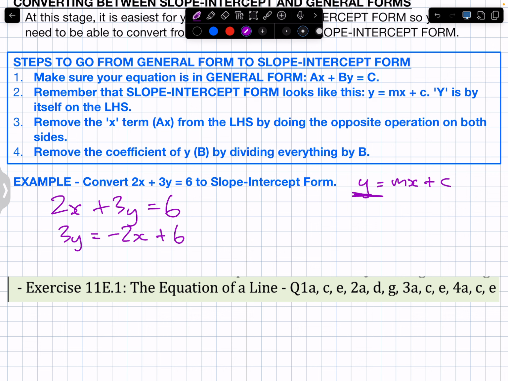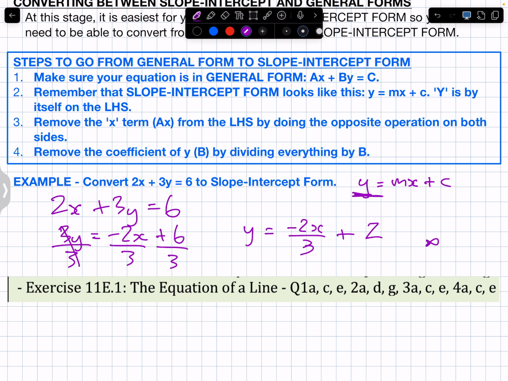I want y to be just y, and right now you've got 3y. How do I get rid of 3 times y? Divide everything by 3. That's going to cancel, so it's going to be y is equal to negative 2/3 x plus, what is 6 over 3? 2.